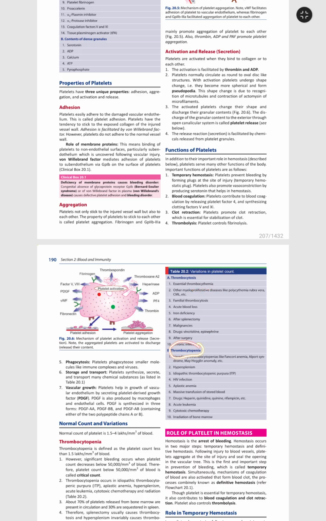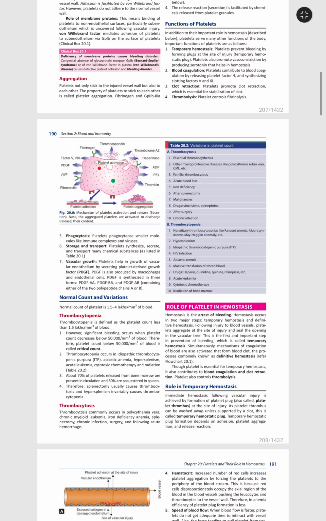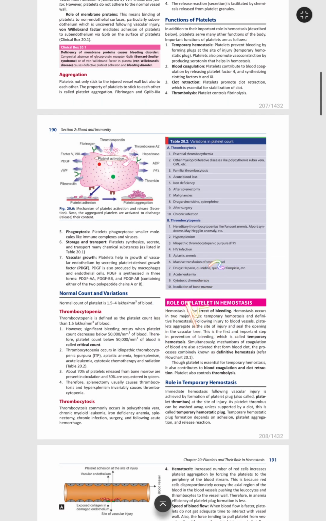Thrombocytopenia also occurs in dengue, and massive transfusion of stored blood, aplastic anemia, HIV infection, and purpura.